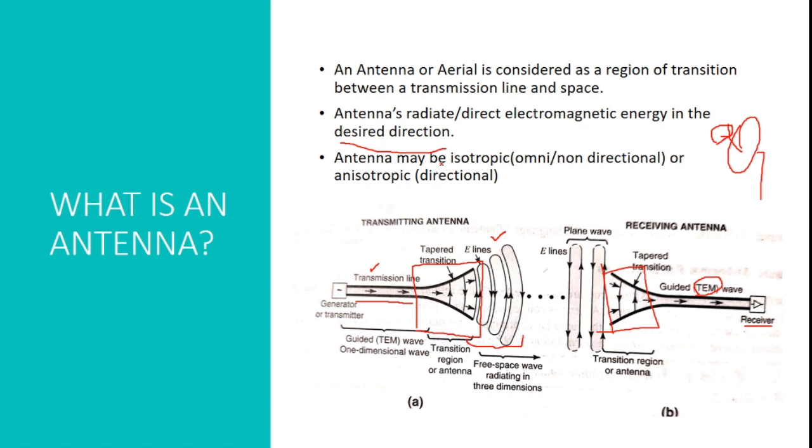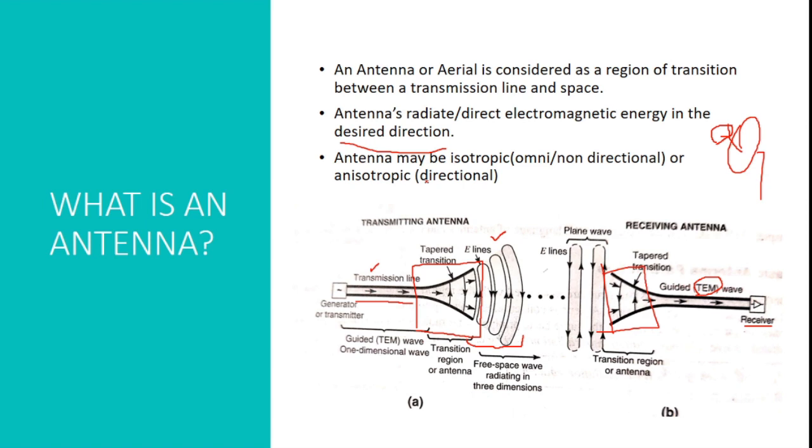As I said before, it might be isotropic in nature or anisotropic in nature. Isotropic means there is no particular direction. We can receive the signals or send the signals in any direction, and anisotropic means it is a directional antenna where direction plays a very important role in receiving energy from the other end. So all these define what an antenna is.